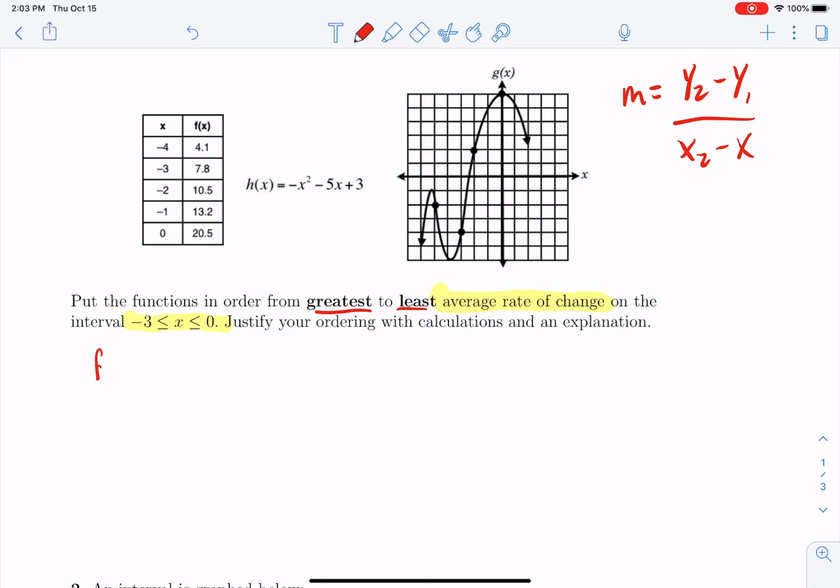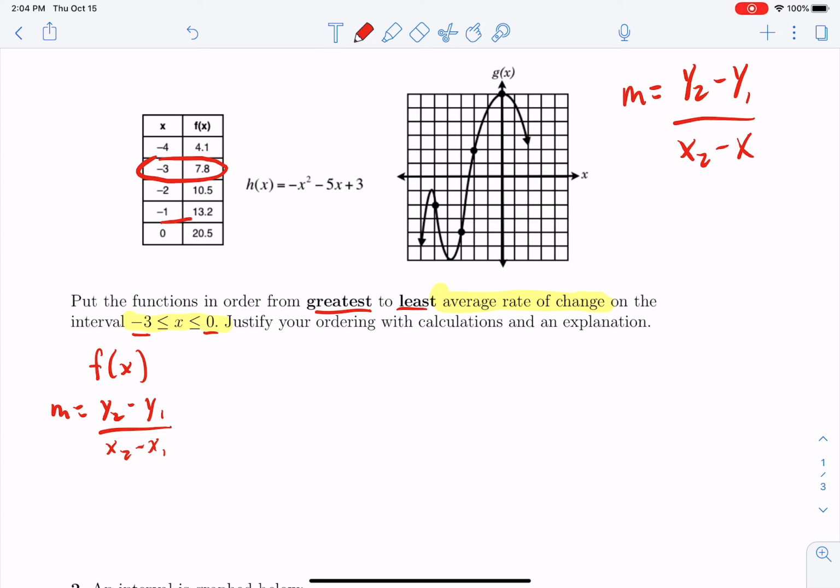So first let's start with f of x. All right, so we're using our average rate of change formula. And now if I turn to my table here, I see that on the interval -3 to 0, those are x values. So at -3, my y value or my f of x value is 7.8.